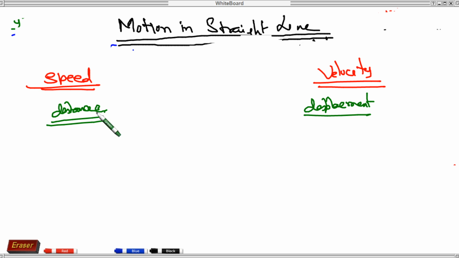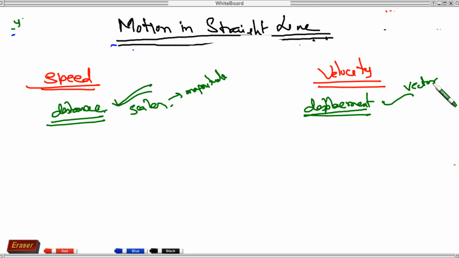Earlier we discussed what distance is and what displacement is. Distance is a scalar quantity because it has only magnitude. And displacement is a vector quantity, meaning it has both magnitude and direction.